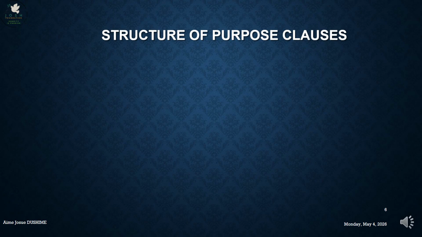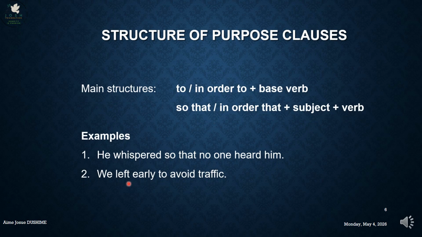Let's see the structure of the purpose clauses. We have a main one of using to or in order to plus V1. She or he, and so on, to blah blah blah. To cook, you put just a verb. To cook, to sleep, to walk, to talk, to sing, like that.